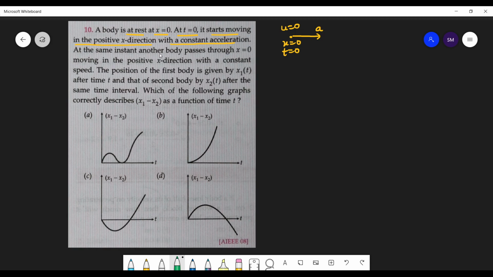At the same instant, another body passes through this point, x equals 0, moving in the positive x direction with a constant speed. So for the other body, t equals 0, x equals 0, but u is there. This is body 1, this is body 2. Is this clear?